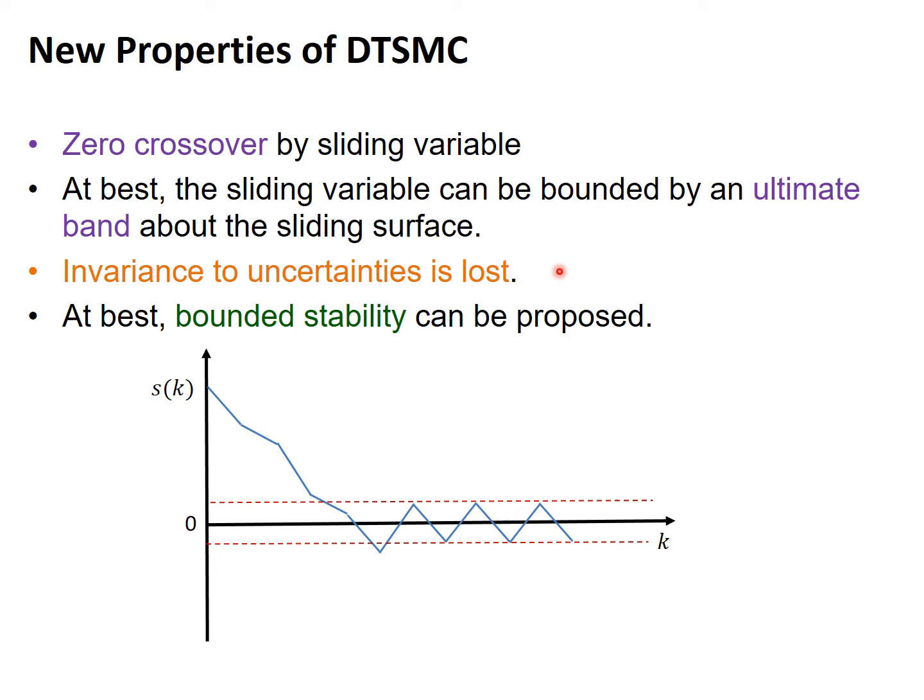But since s is not 0, complete rejection of disturbance cannot happen. So the invariance to uncertainties is lost. We are not having finite time stability of the sliding variable. At best, we have bounded stability. The sliding variable is bounded by the ultimate band. That bounded stability we must try to ensure.